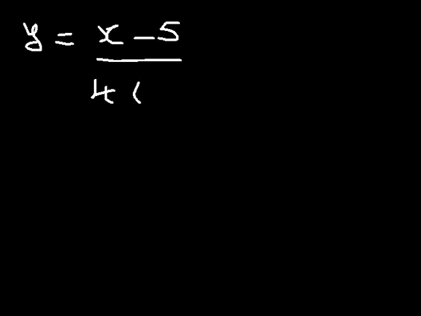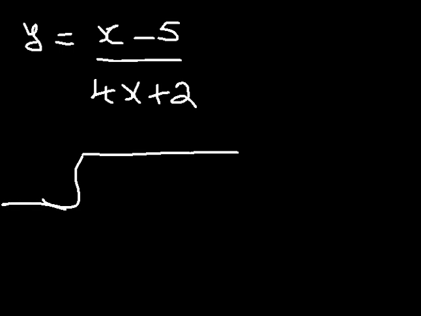Now let's say we have y is equal to x minus 5 divided by 4x plus 2. The principle remains the same. First, to be able to have the graph of that one, we need to use the long division method in order to have it in a proper form. That will be given as 4x plus 2 like that, and you have x minus 5.